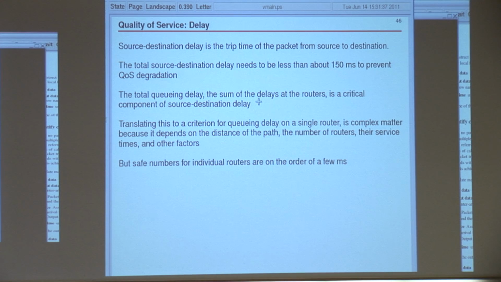In fact, it's the salient one. When things slow down, it's the queuing that gets you, aside from network outages. Translating this into a queuing delay for a single router is a pretty complex matter. It depends on the network and so forth. But safe numbers for an individual router are on the order of a few milliseconds.